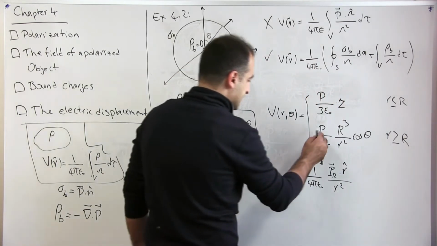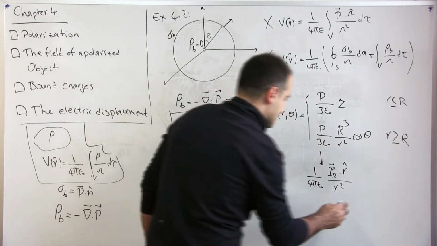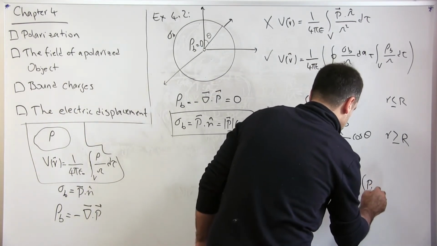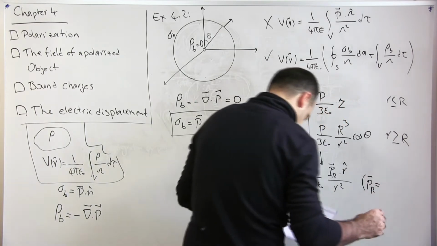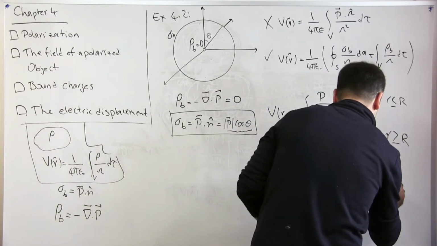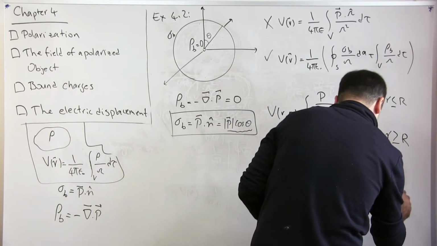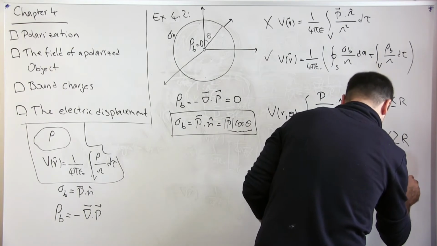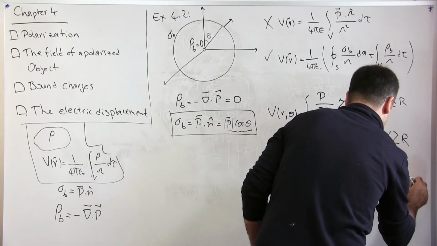Okay, so these two are very similar to each other with the definition that the dipole moment is 4 over 3 pi r cubed times the polarization.